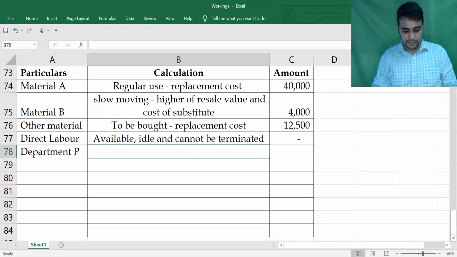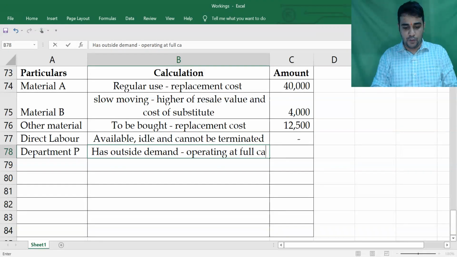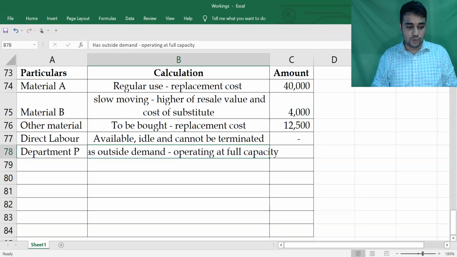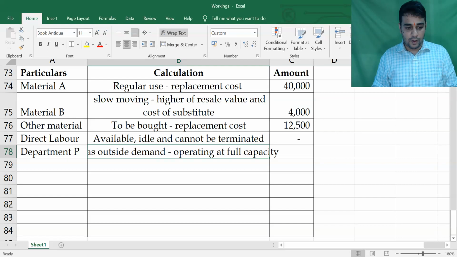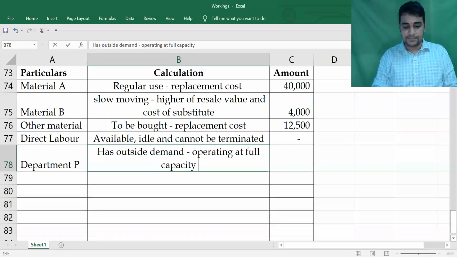Has outside demand, operating at full capacity.